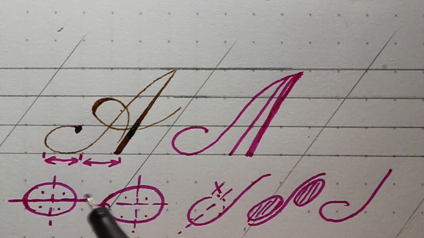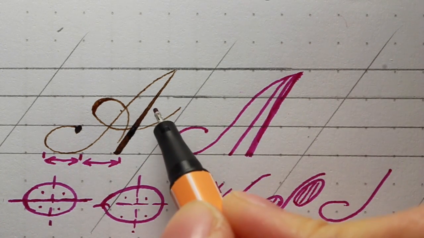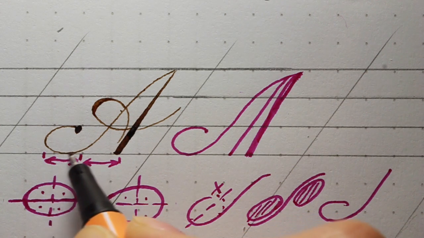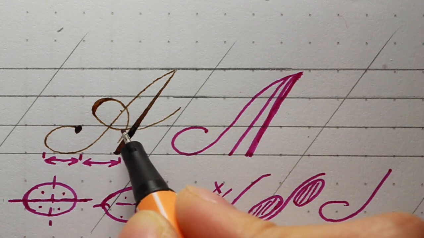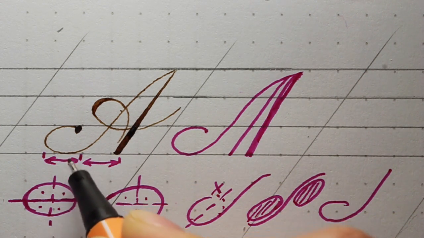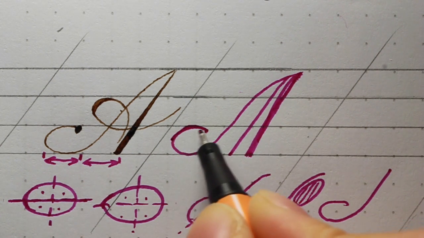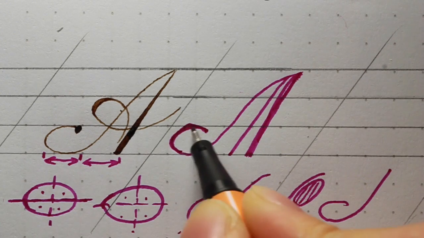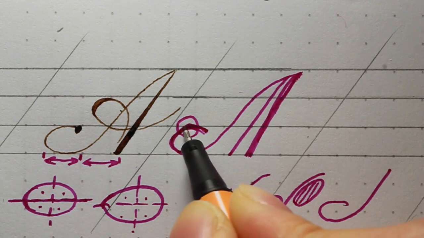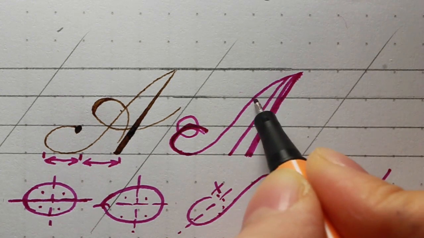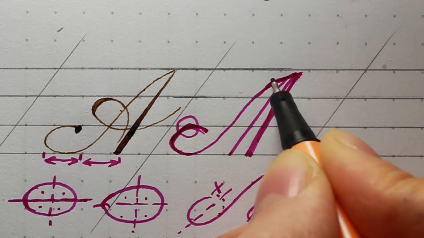Some common mistakes for the letter A are, for beginners, when you push the hairline, it may be a little difficult to control. So I often see that instead of a smooth curve, I see bent squares right here. And also this part can get rather flat.